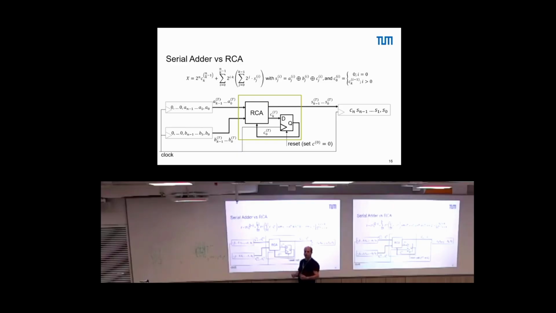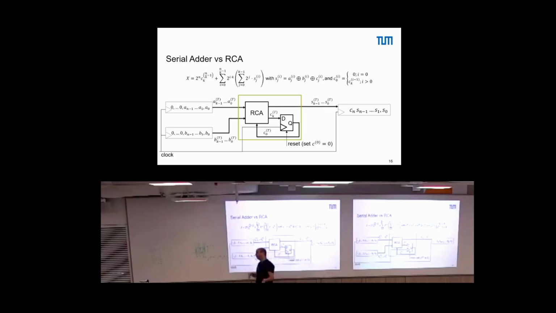The other extreme is we have a 1-bit serial adder with a very short critical path, high frequency, but we need 32 clock cycles for 32 bits. Or we can select something in between with this structure. For instance, we take a ripple carry adder of 8-bit length. We now need 4 clock cycles for the computation because 32 divided by 8 gives 4. And we have now only a fourth of the critical path length, right? So that's a trade-off we can make.